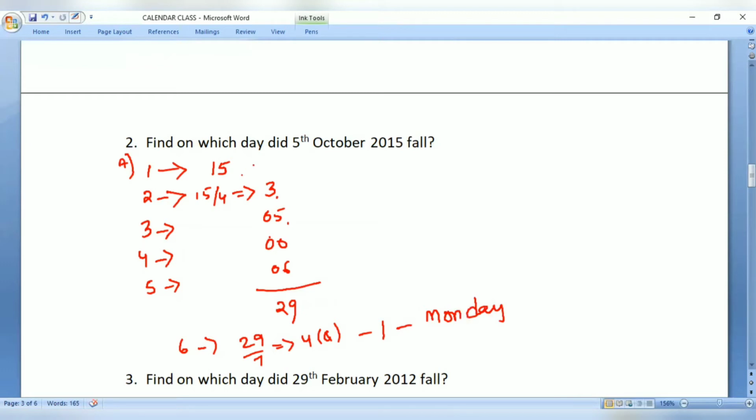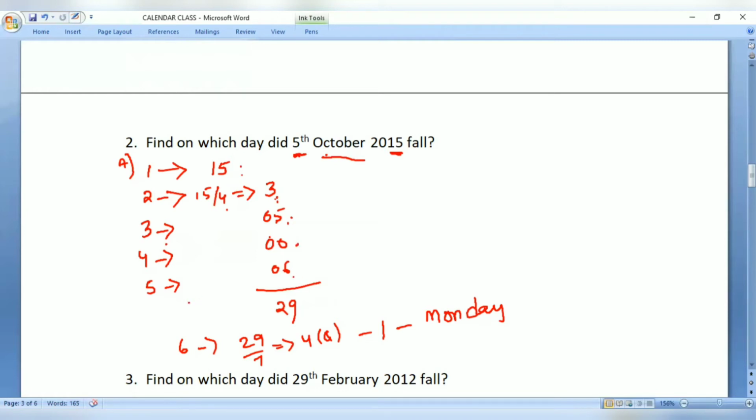So on the first step, we noted down the last 2 digits of the year. Then we divided the value of step 1 by 4 and took the quotient, that is 3. Then on step 3, we noted down the date of the month. In step 4, we identified the code for the month October as 0.